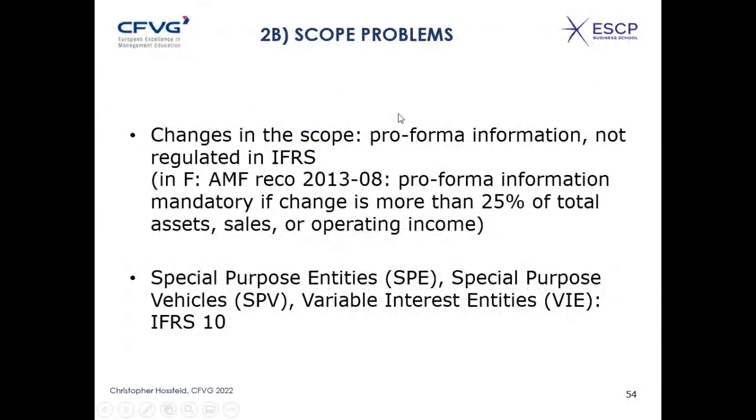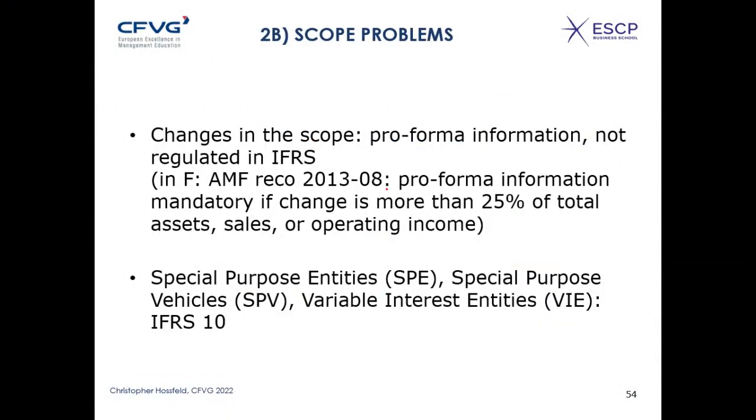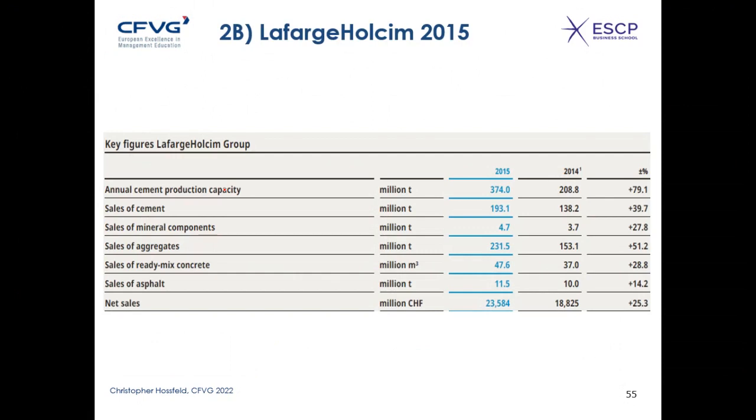However, most pro forma regulations or rules do not tell companies how to do it. So not in France and not anywhere else. So it means companies do whatever they want. Let's see here an example of Lafarge-Holcim.